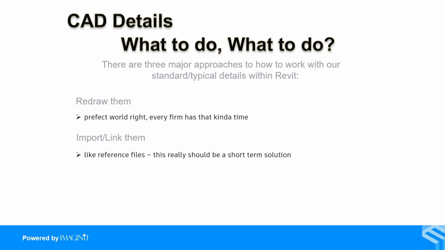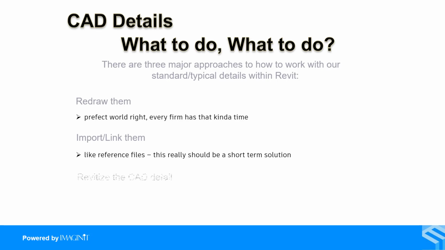So if we want to leverage the detail itself from CAD, and we want to leverage some of the things that Revit does well, like tagging, annotation, coordinating the views on sheets and whatnot, each detail has to be in its own DWG. And also remember, this is supposed to be a short-term solution. This isn't supposed to be our workflow from this point forward. This is just as we're creating and building our library.